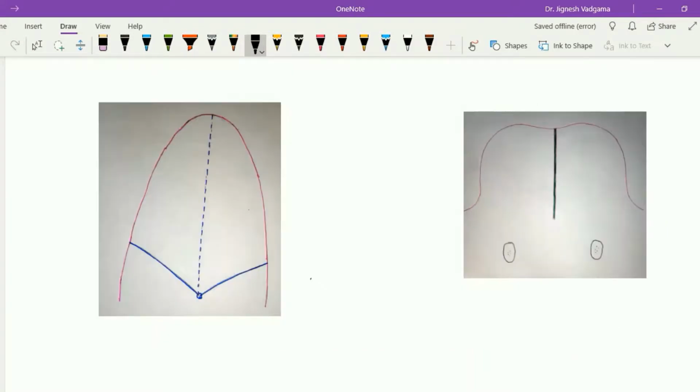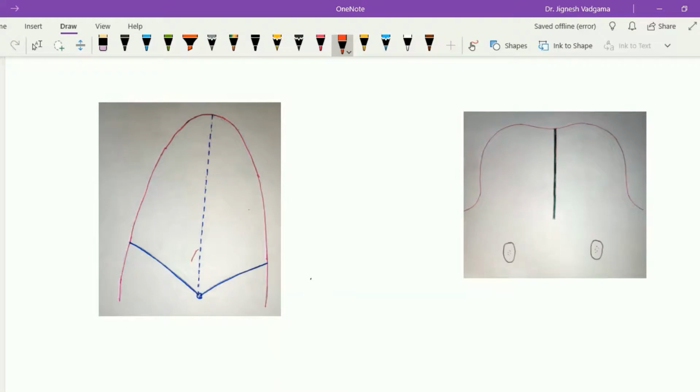Now let's see the intrinsic muscles of the tongue. It consists of four pairs of muscles. Out of them, the superior longitudinal muscle lies just beneath the mucous membrane of the tongue, and the muscles on both sides arise from the posterior part of the median fibrous septum.